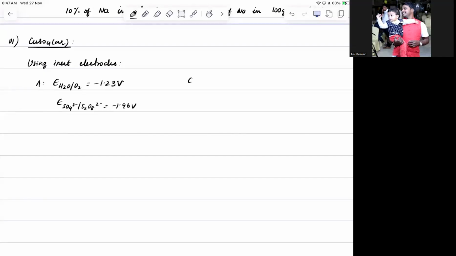At cathode, two reactions are competing. E naught Cu2 plus to Cu, which is plus 0.34 volts, correct? And E naught H2O to H2, which is minus 0.83 volts. So these are the ones which are competing.